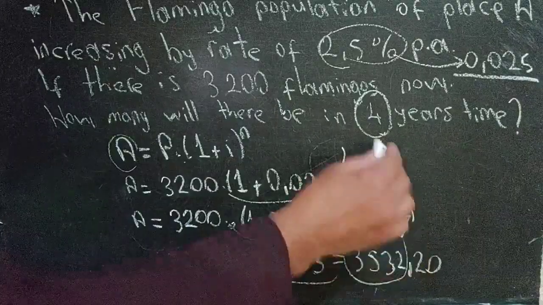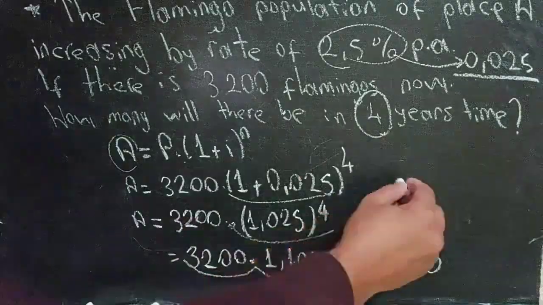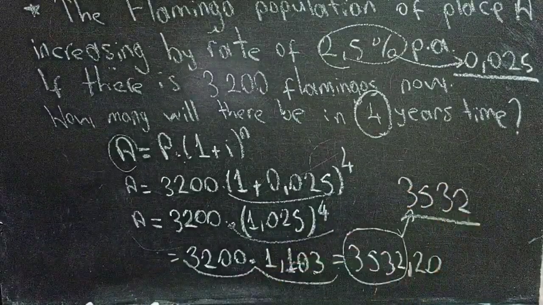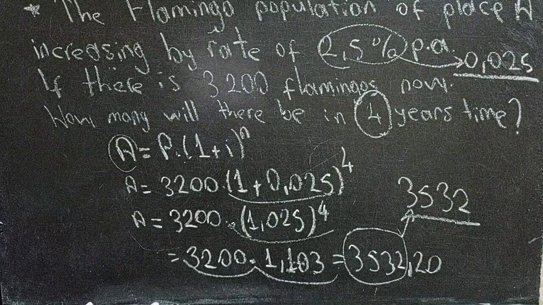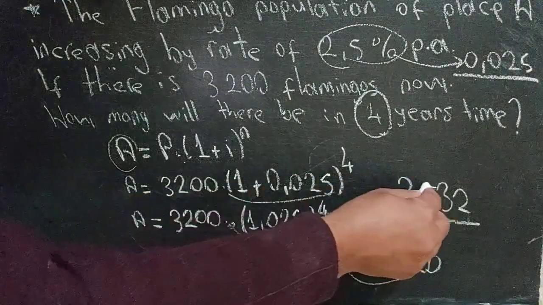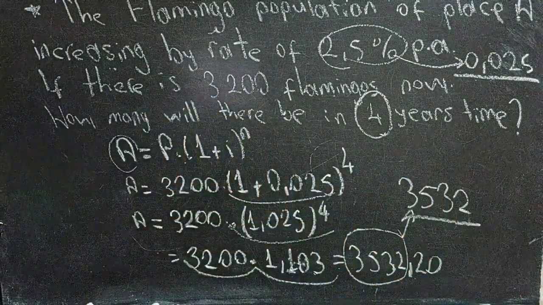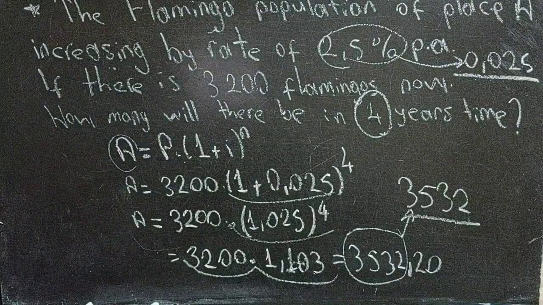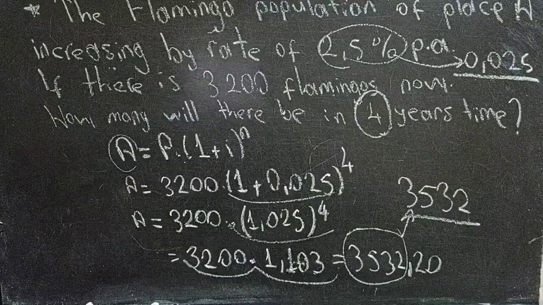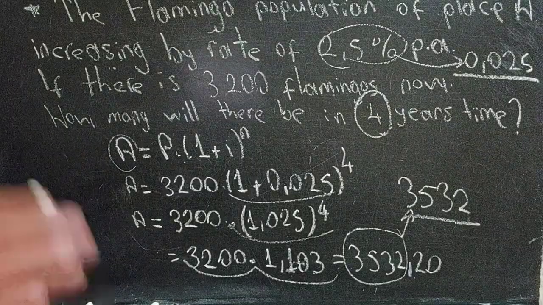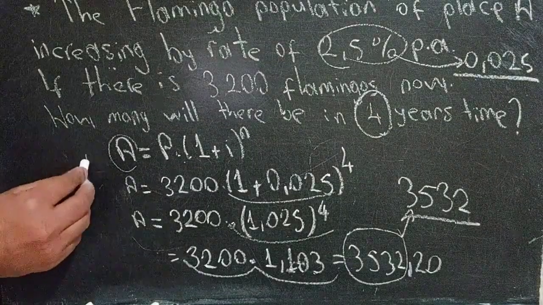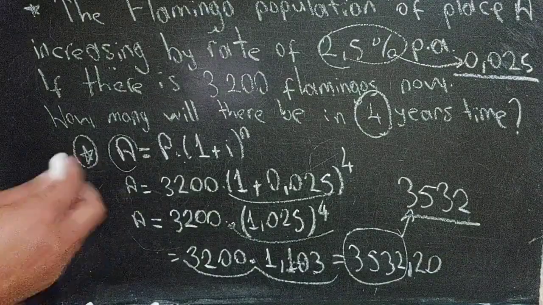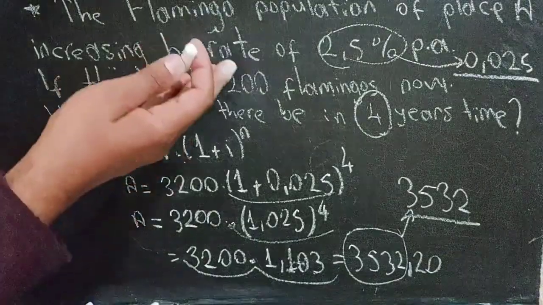So after 4 years, you are going to have 3,532 flamingos. That means it is going to increase by 332 flamingos.